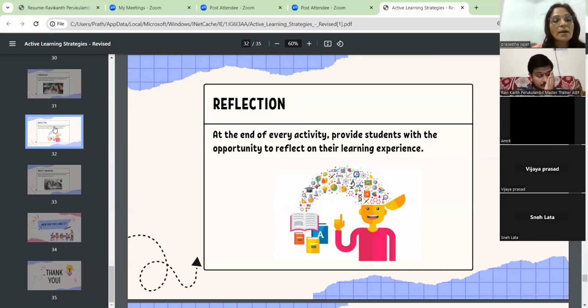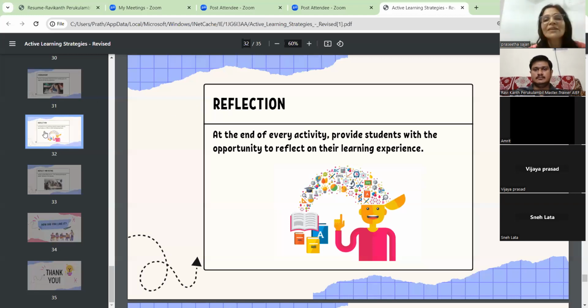Yes, sir. Next one. This is the reflection for students. Once they do the activity, maybe a seminar they have conducted. Now, today I have conducted a session with you all. After the session, I would do a reflection. How did I do? Where did I find it difficult, or did I convey everything to the teachers, whatever I wanted to convey?